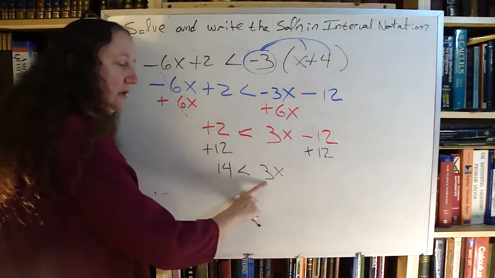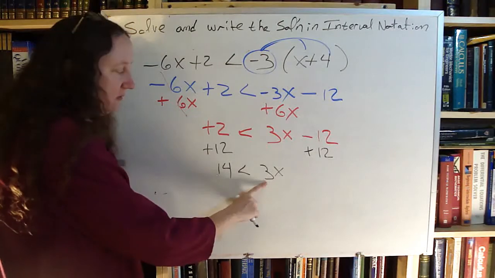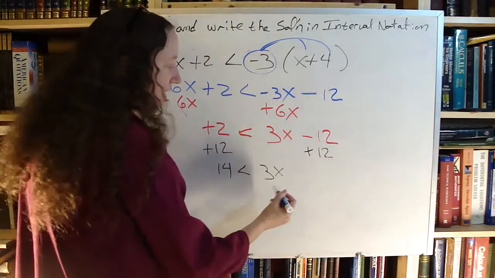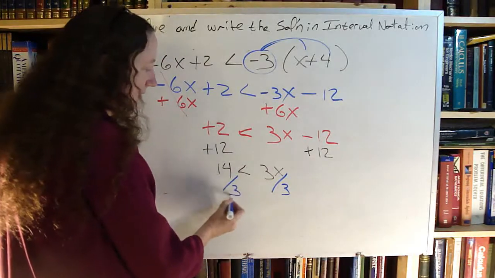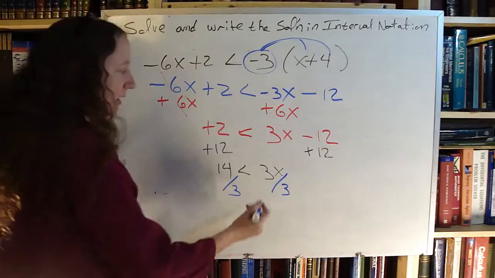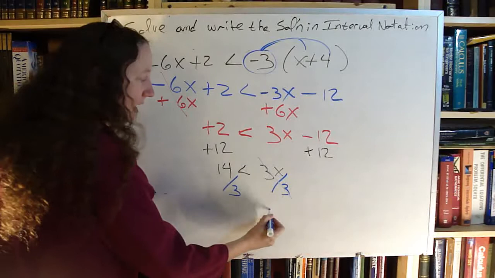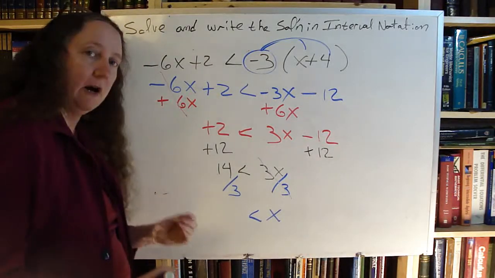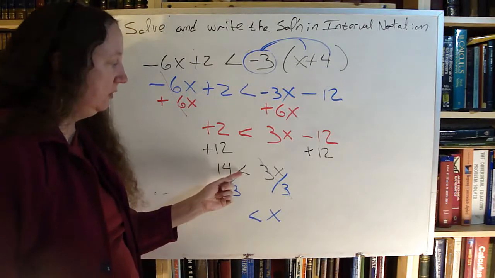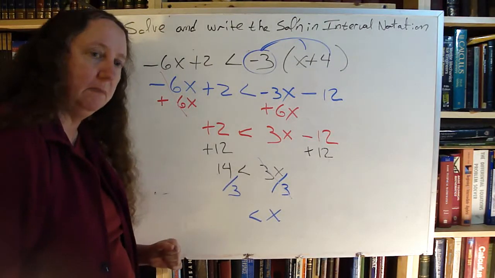X is not yet alone. So I need to divide by 3. Now the 3 cancels the 3. I'm left with X on that side. I divide it by a positive number, so my symbol stays the same.